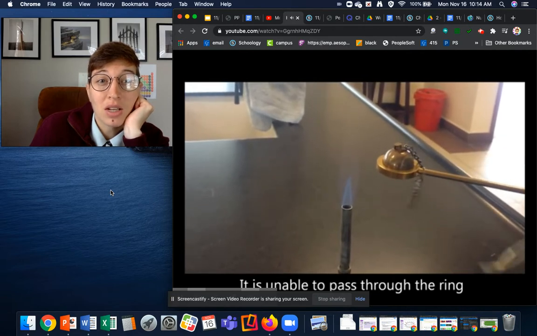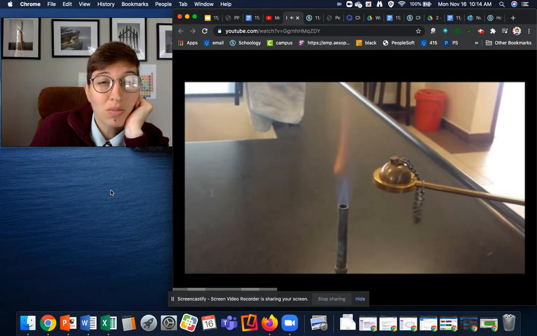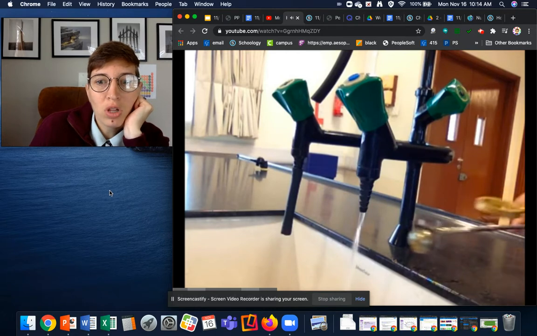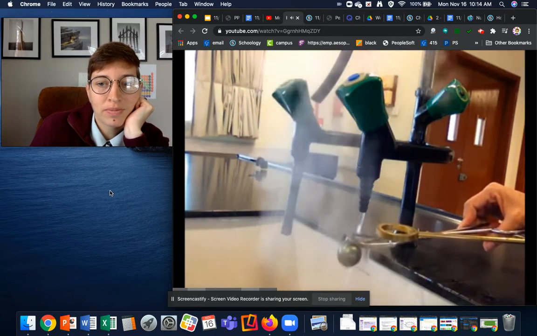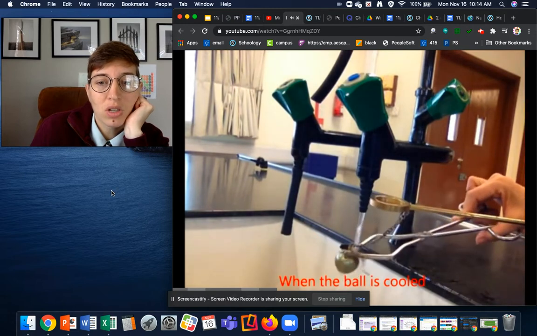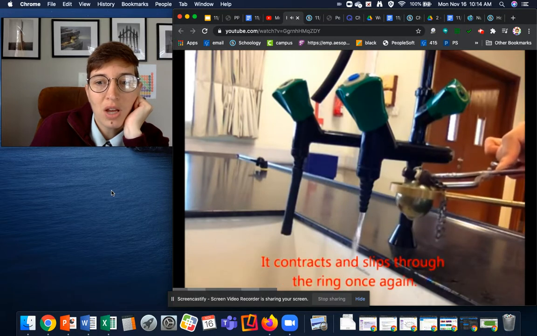It expanded. Did it break? Did it smash into pieces? Nope, it just expanded. Now we're going to cool it down under some water. When it's cooled all the way back down to room temperature, it fits back through the ring.